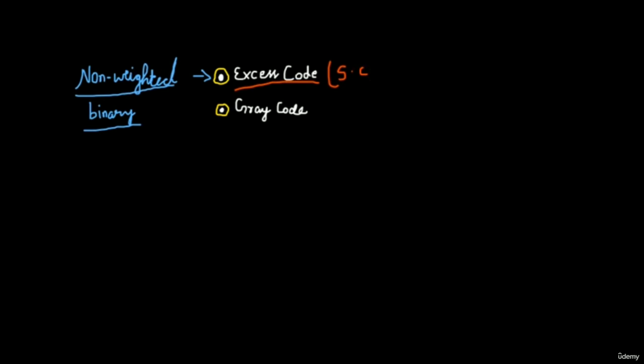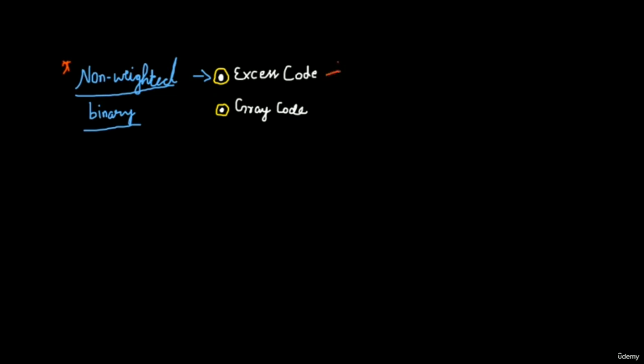Well, let me tell you this first and let's get clarity on this. I mentioned it here again because it also follows the fundamental definition of non-weighted binary. Non-weighted binary means there is no sequence of weight distribution in the excess-3 code.